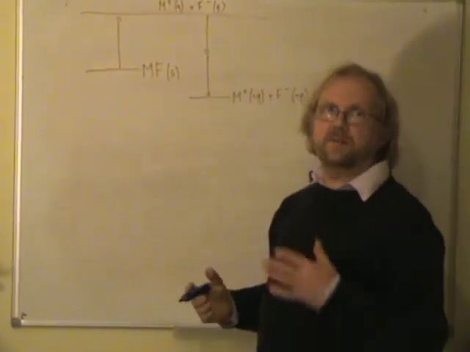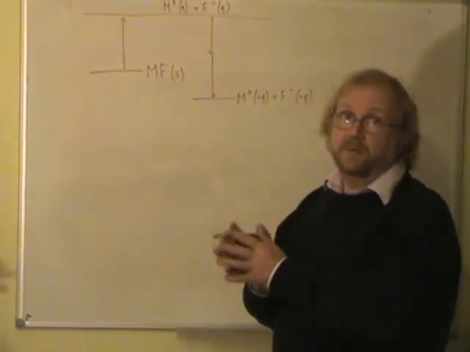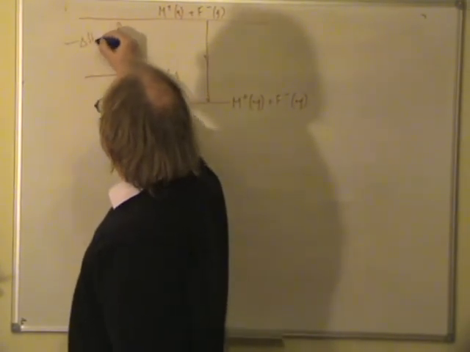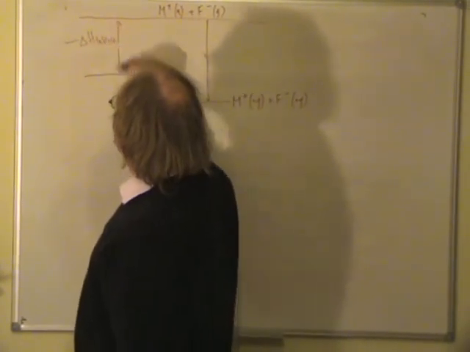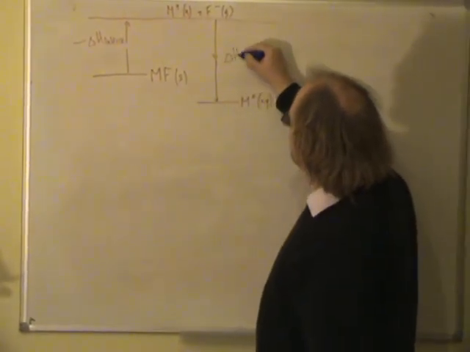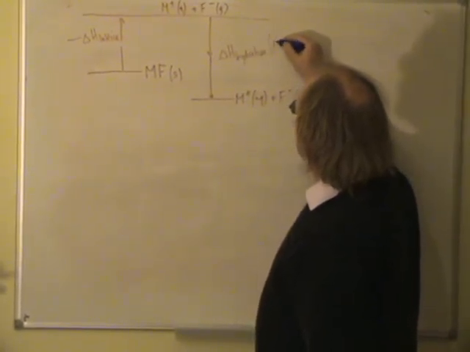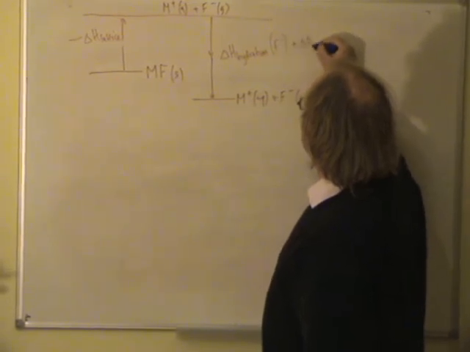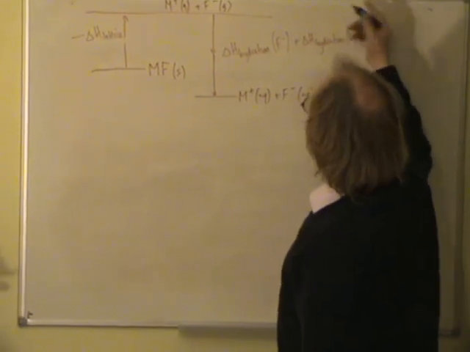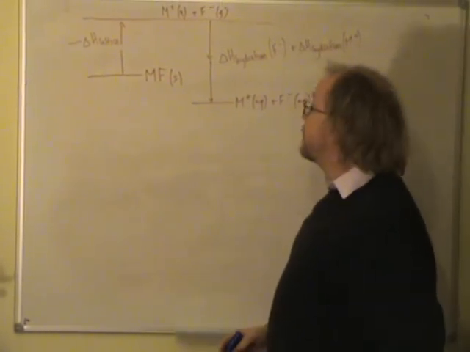Okay, lattice enthalpy is the enthalpy change when you take the gaseous ions and bring them together to form a mole of the solid, and you're just doing that in reverse. So that's minus delta H lattice going up there, and coming down here, that's delta H of hydration of F minus plus delta H of hydration for M plus. Okay, the enthalpy change when we take those ions from the gas phase and introduce them into water.